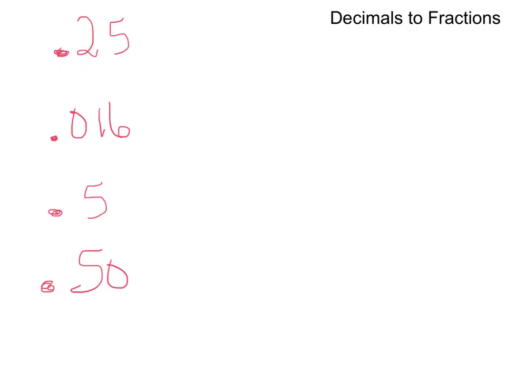And you've probably guessed that it's 25/100. Right here we have 0.016 or 16 thousandths. How would we write that as a fraction? Did you say 16/1,000? You were right if you said that.